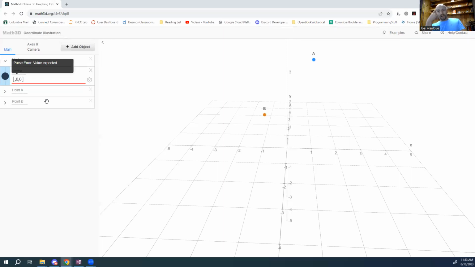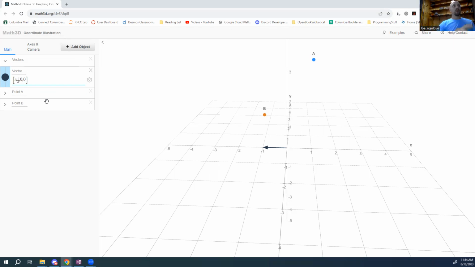So how did I get that? I took where B is, so that's going to be x2. Then you notice that's not quite far enough, right? Because it didn't start at A, it started at the origin. So I want to subtract where x1 was. Okay, that looks like it's going 2 back, right?